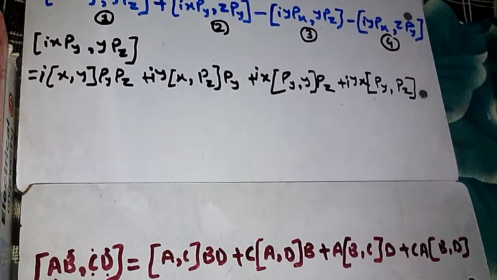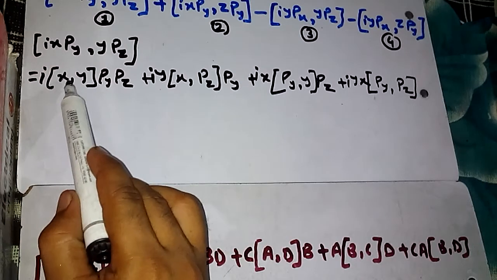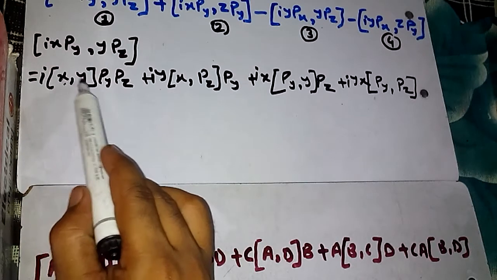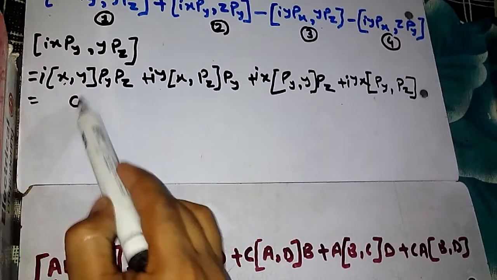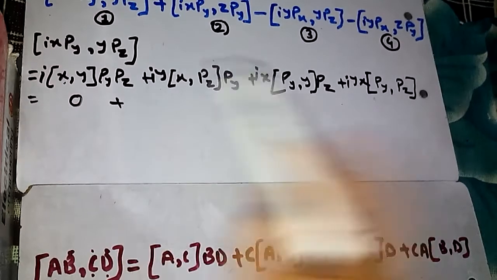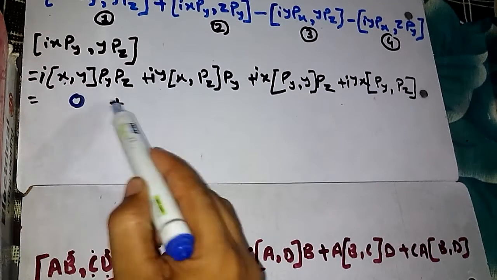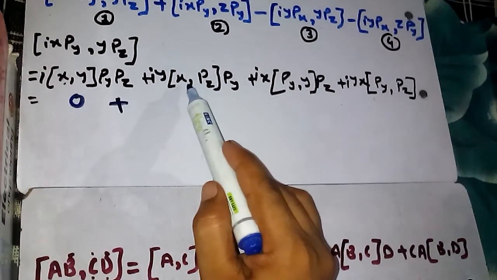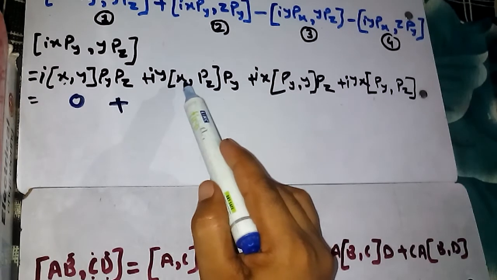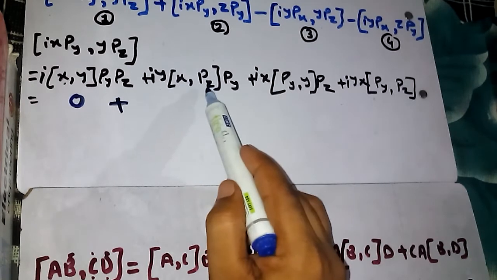Now in our last video we have seen that commutation of two position operators is 0, so this term is 0, plus we have also seen that commutation of x and p is i h cut, but this component should match.